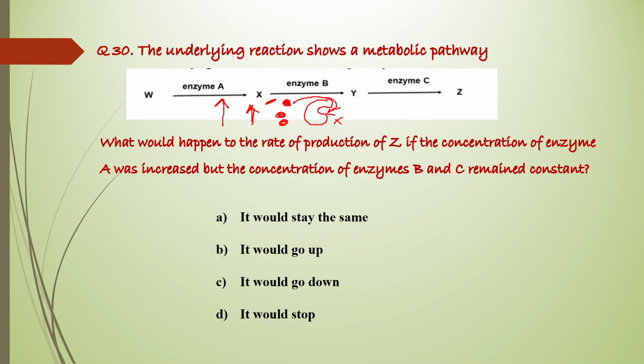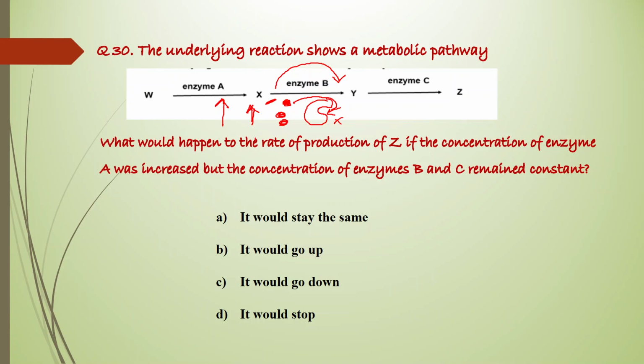Unless you increase the enzyme concentration, the rate of this step is not going to change, because you already know whenever the substrate concentration becomes very high, the reaction generally becomes zero order with respect to substrate. That is, there is no further effect of substrate concentration on the rate of the reaction. It is already doing the best it can do. It cannot accommodate more substrate molecules even if you keep increasing the substrate concentration.